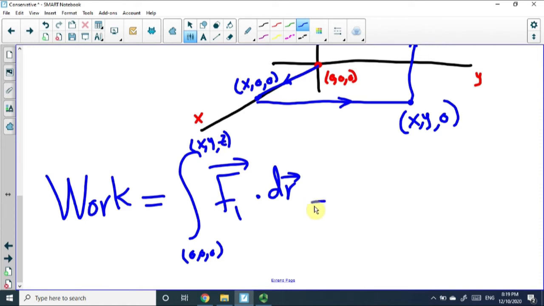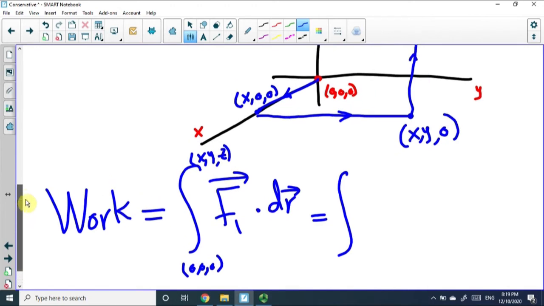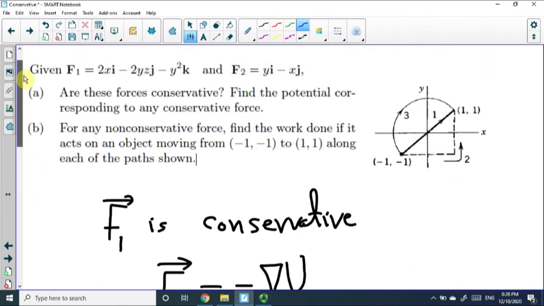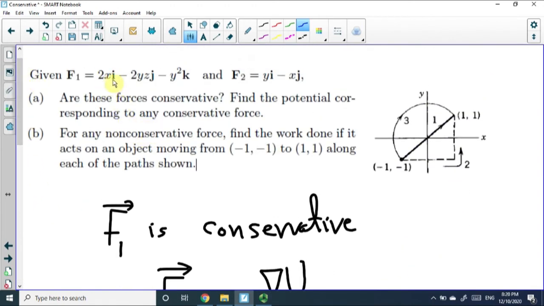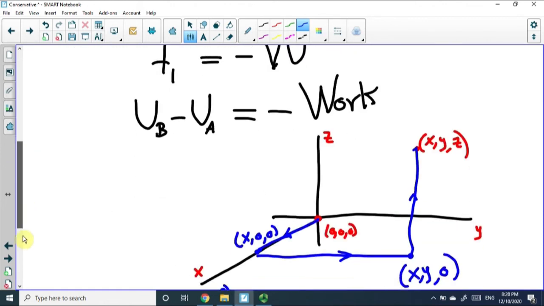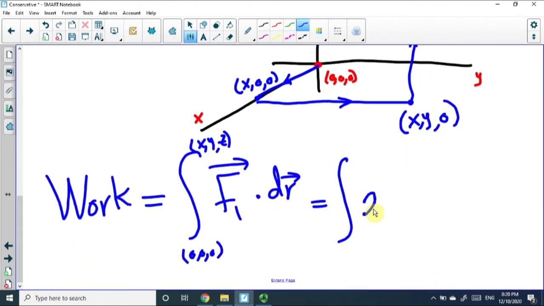Now this is simply a dot product between two vectors. So this is going to be the x component of force number 1 times dx. What is the x component of force number 1? It's just 2x. So I'm going to get 2x dx, the first component of the force, F1x, times dx.